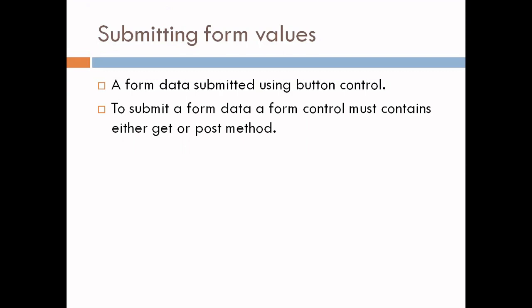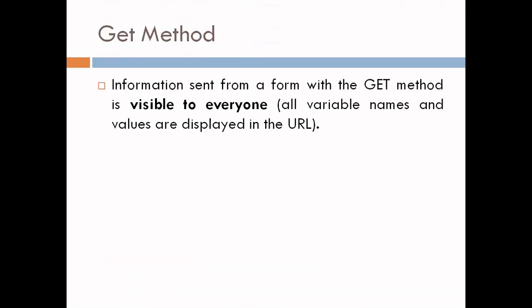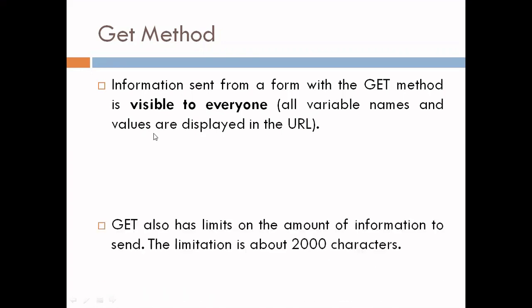Now in this session we will see get method. Information sent from a form with the get method is visible to everyone. It means whenever we are submitting form data with the help of get method, that data is visible in a URL and it will display all the data in the form of variable name and its value.